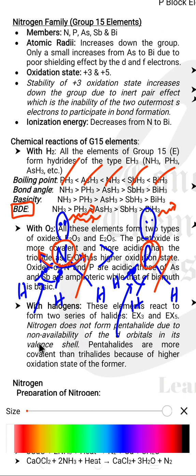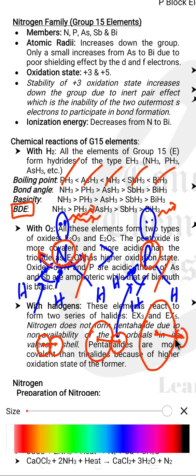Let me explain this. Suppose this is nitrogen and this is our hydrogen, and in case of PH3, this is phosphorus and this is hydrogen. So the bond length from here to here is shorter, while in case of the PH bond, the bond length is larger. And in case of AsH3, this would be again larger. So bond length is again higher.